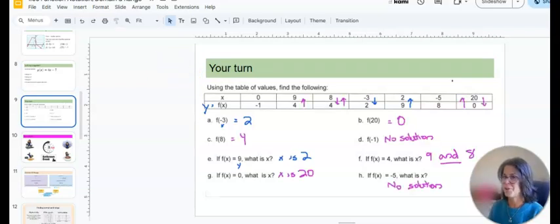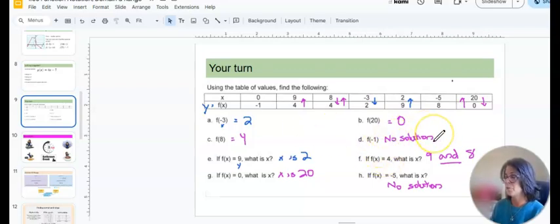All right, how'd you do? Check your work. Notice that there's a couple with no solution. So when you look for f of -1, the input has to be -1, and there is no x that is -1. Be careful. You can't use this one. That's the y value, the output, the answer.